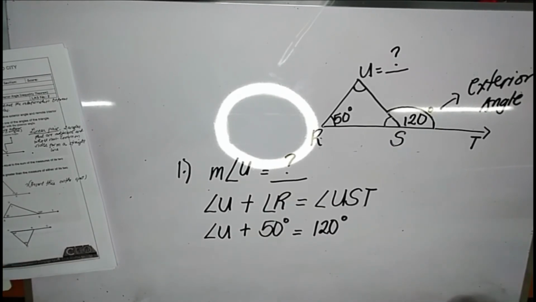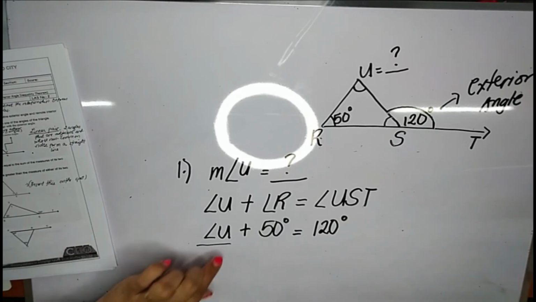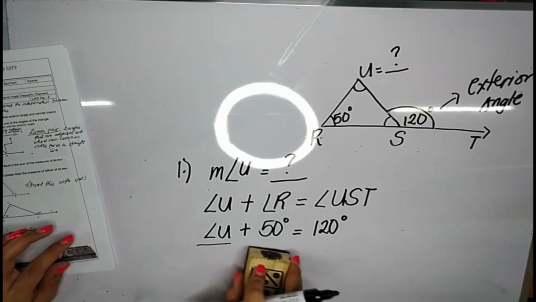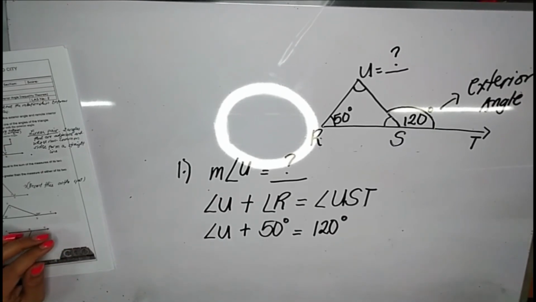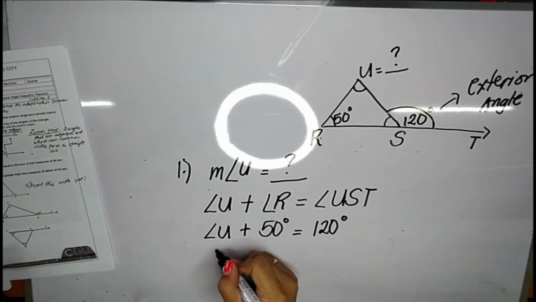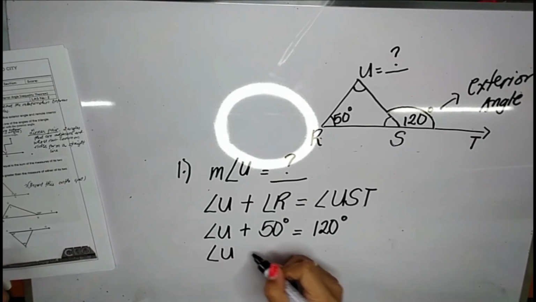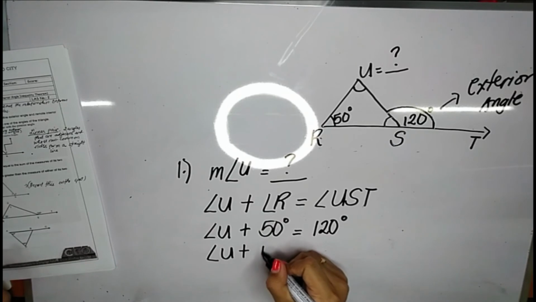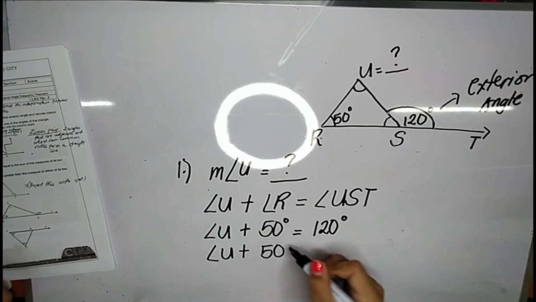So how are we going to find angle U? Can you still remember the properties of equality? The addition property of equality. We're going to get this angle U. Para siya na lang ang mahabilin sa left side, we're going to use that addition property of equality, in which para mawala si 50 degrees, mag-add ta og opposite niya.